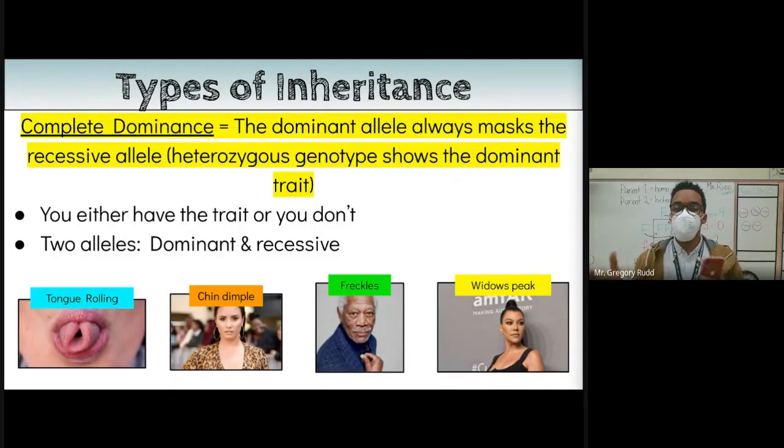There will be differences in the heterozygote. The dominant and the recessive, those don't really change. It's the heterozygous genotype that's going to be kind of funky as we define these next two. So with complete dominance, the heterozygous genotype shows the dominant trait. We're going to see that that's not exactly the case over the next couple of types of inheritance.